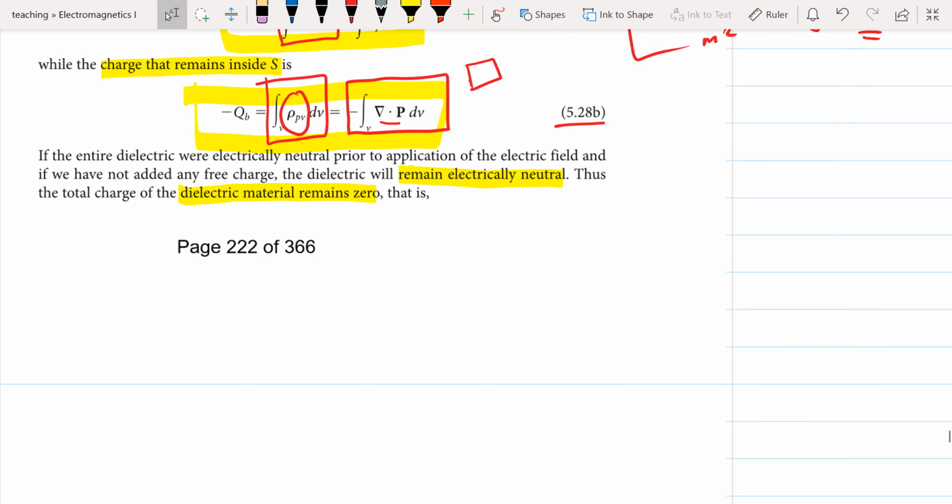Now, if the entire dielectric is electrically neutral prior to the application of the electric field, and if we have not added any free charge, the dielectric will remain electrically neutral, and thus the total charge of the dielectric material remains zero.